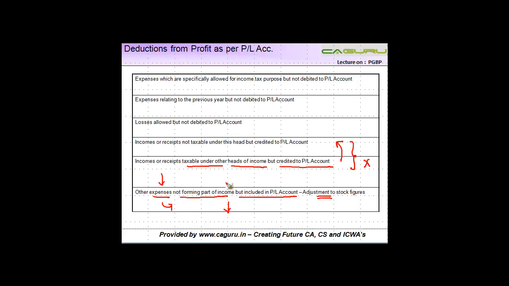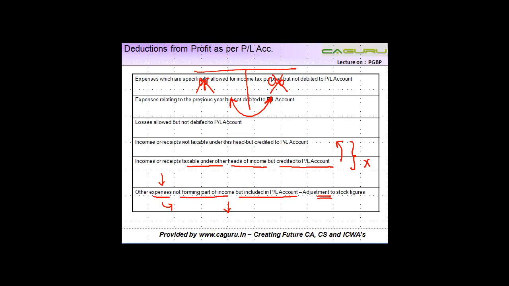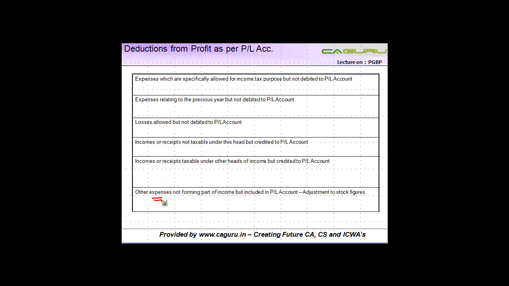Ideally, you show it by way of opening stock and closing stock, and the difference between the two gets adjusted. But if for some reason this is not done, this reduction has to be shown by way of a deduction from this profit and loss account. You will understand each one of them in more detail as we move forward, but as of now, just keep these broad principles in mind.